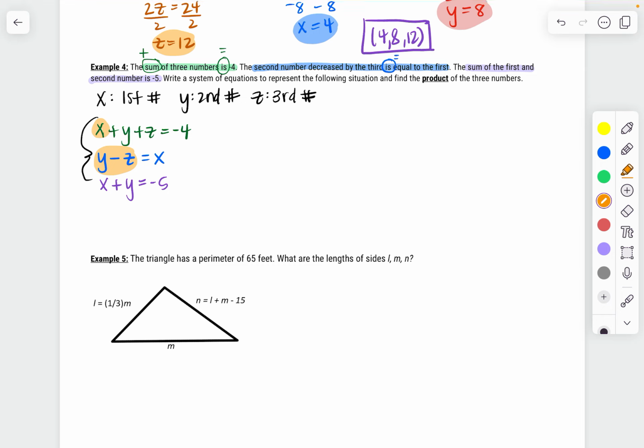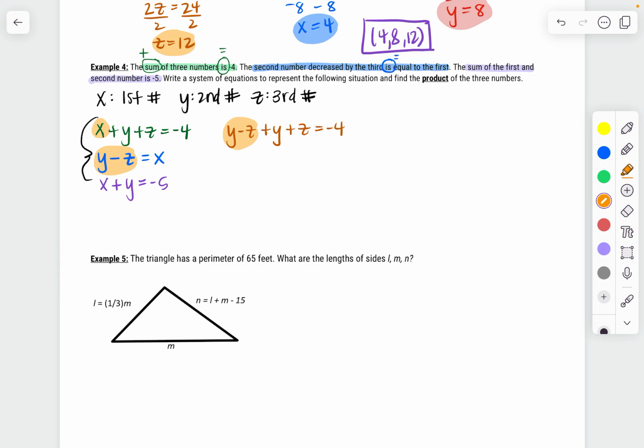So I'm going to substitute that y minus z into the first equation. If I do that, I'm going to have y minus z plus y plus z is equal to -4. Again, the only thing I changed in the first equation is that instead of having x, I put y minus z.